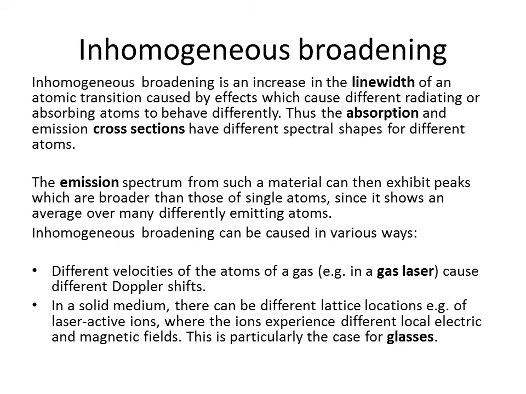In the case of inhomogeneous broadening, this type of broadening is referred to as Doppler broadening. It is due to the unequal velocity with which the emitting species is moving, which will result in unequal Doppler shift, and that is referred to as Doppler broadening. In the case of inhomogeneous broadening, Doppler broadening is the major mechanism.